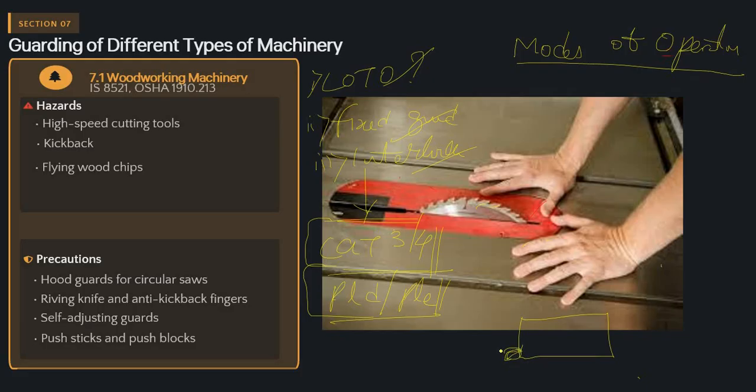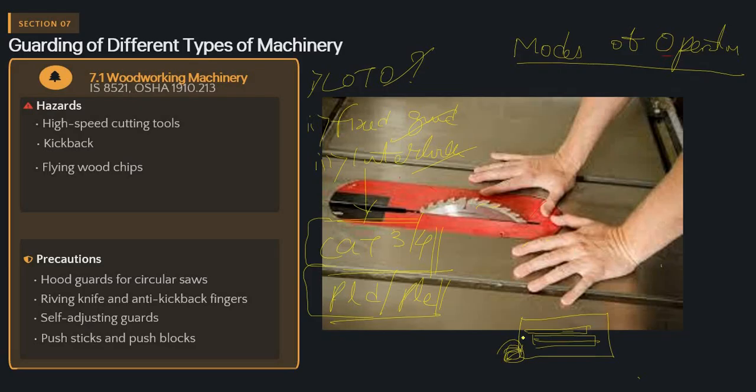Whenever they lift the guard, the interlock gets activated and the machine gets stopped. Below this there is a die operation. Sometimes people bypass this interlock by putting some object on it, or sticking something.